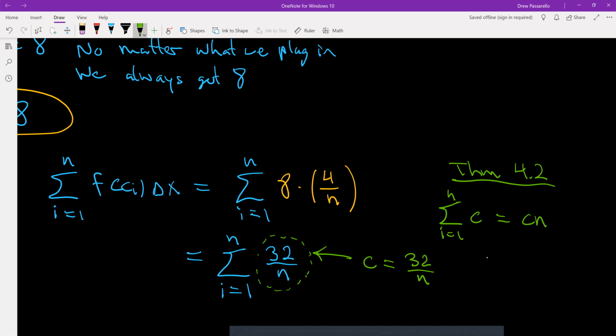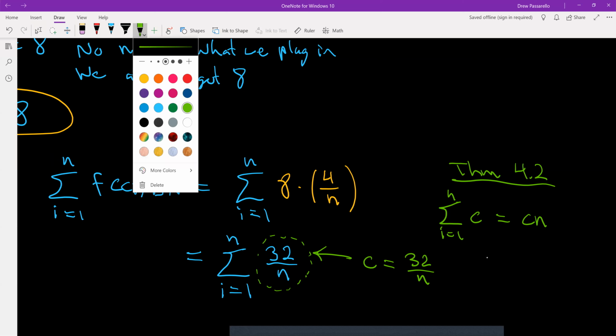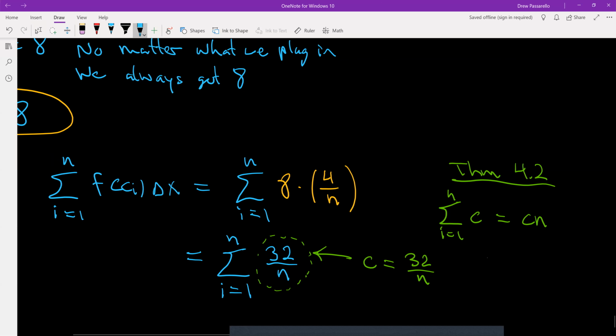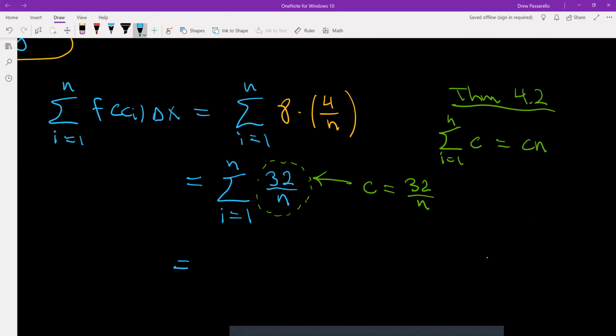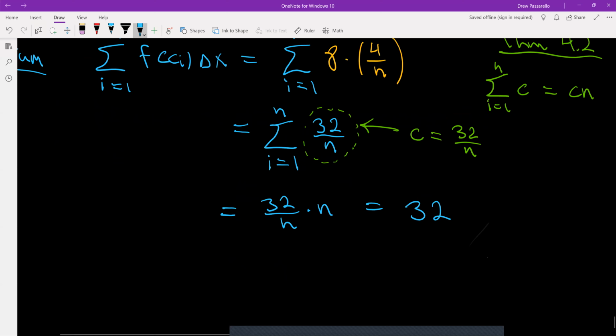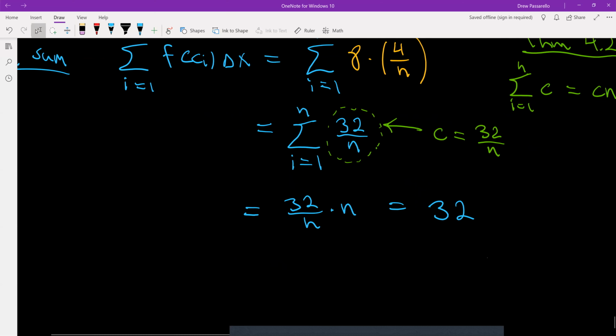So it's going to be 32 over n times n. And then the n's divide out, so you just get 32. All right, and that's what we get. Now there's no n involved.